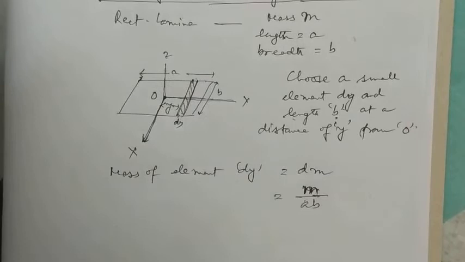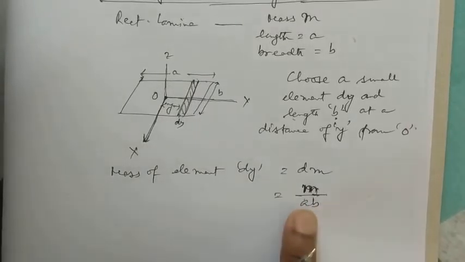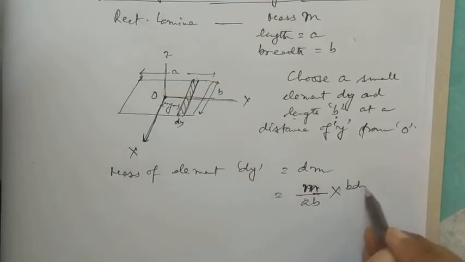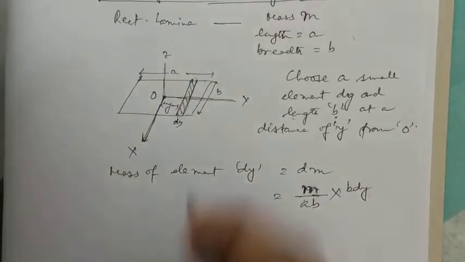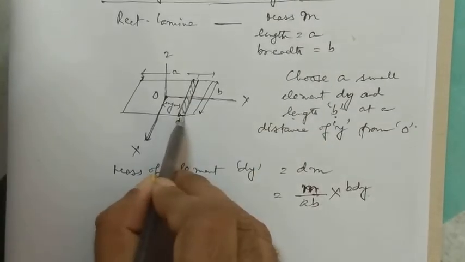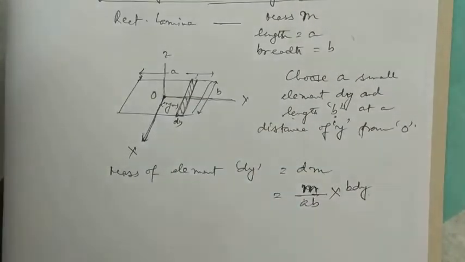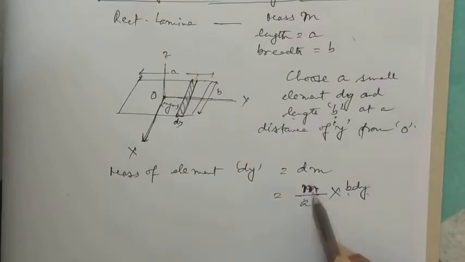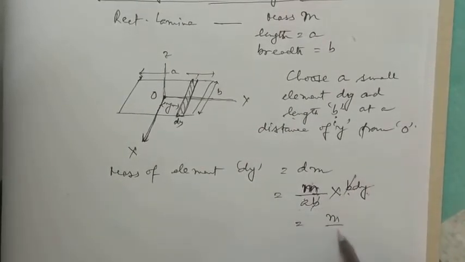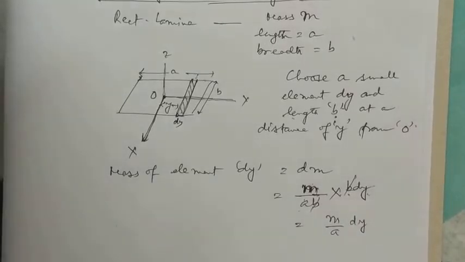Area of the lamina is A into B. The strip is of length B and width dy, so the area of the strip is B into dy. So m by AB into B dy, B gets cancelled, we can write m by A dy.